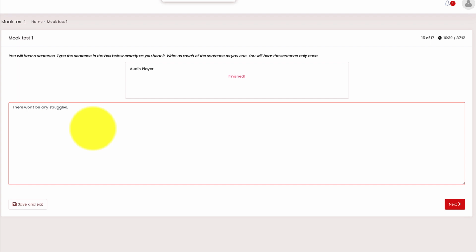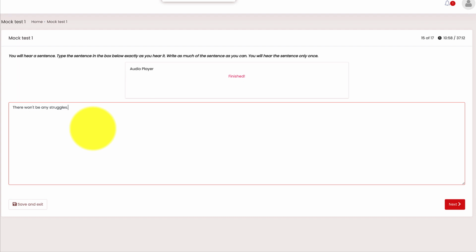Then there is a question called fill in the blanks in listening, where we listen to the recording and type the missing words in the passage. The next question type is highlight correct summary, where we listen to the recording and pick the best summary of the recording out of 4 options given.